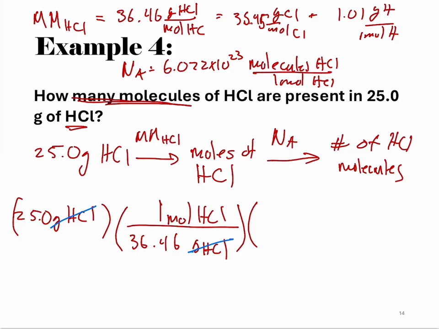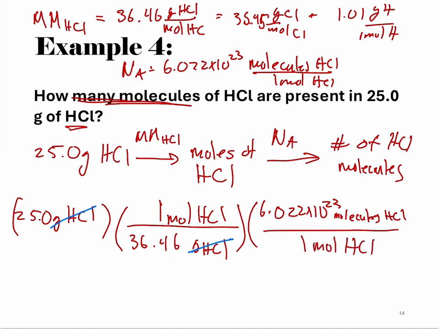Now we can go to the number of molecules. And so we use Avogadro's number, and we multiply because we want what to be in the numerator? Molecules. Let's see if I can write this small enough. 6.022 times 10 to the 23 molecules HCl over 1 mole HCl. Those cancel out now, and then we just plug that into our calculator.